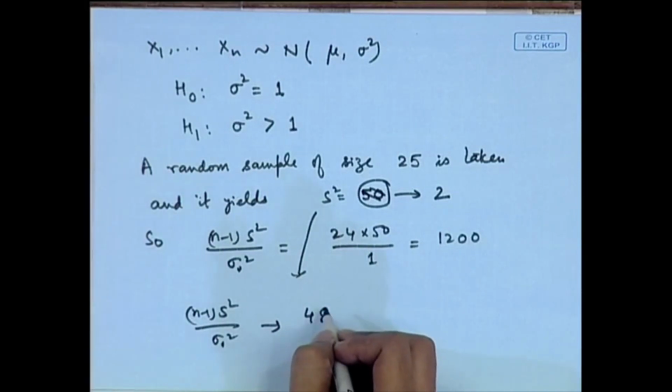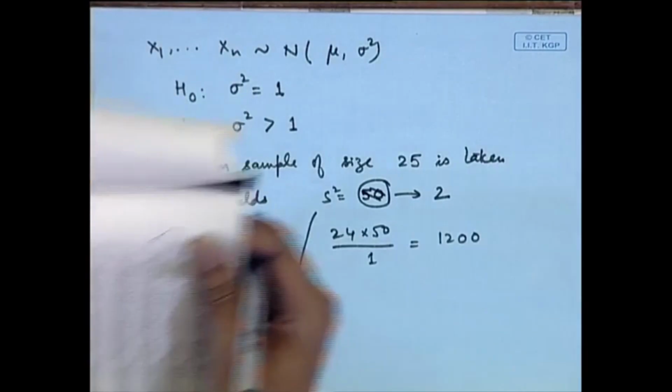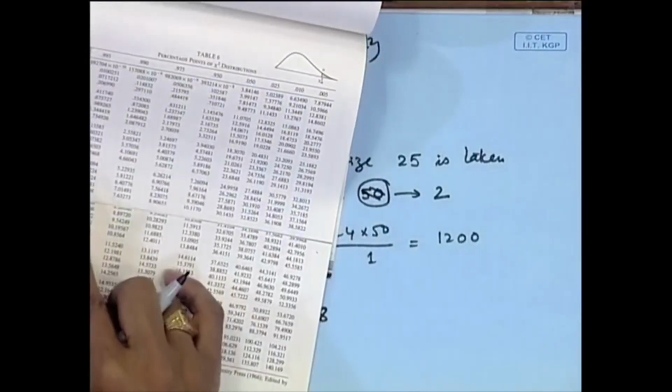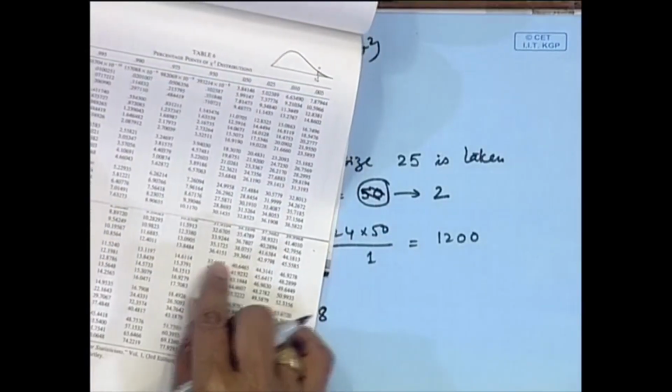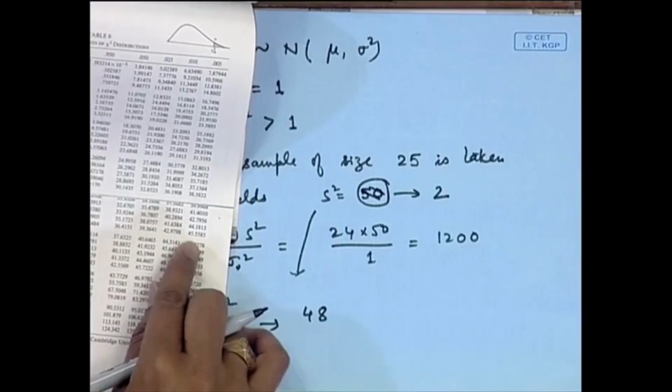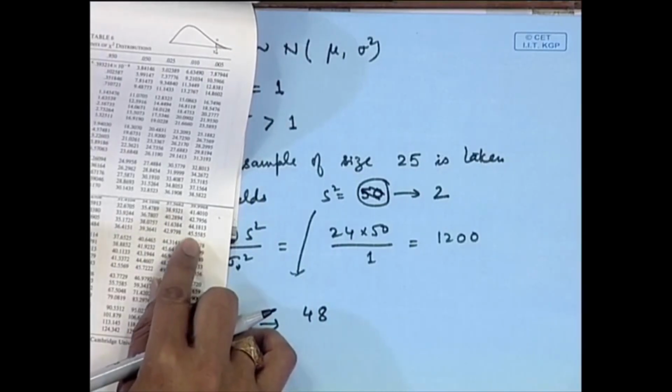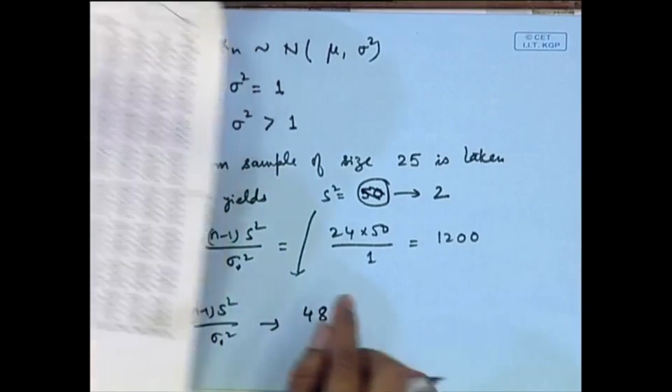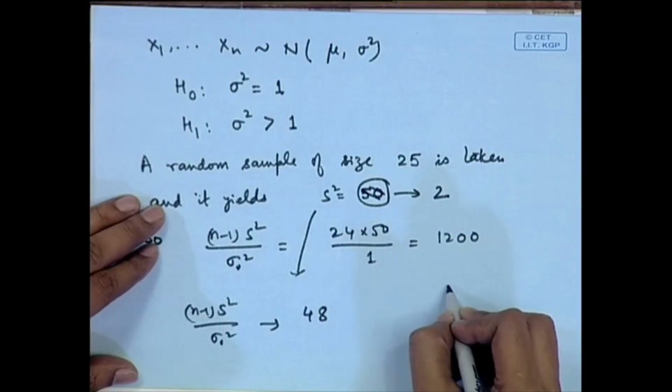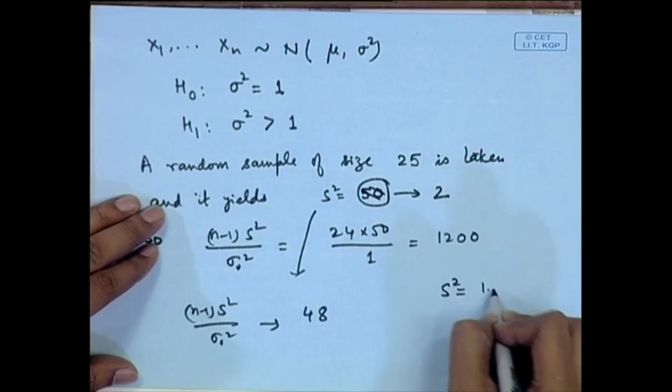Now, if we look at the tables of the chi square distribution, one may easily observe the difference. Looking at 24 degrees of freedom, at a certain level of significance after 0.05 the value will cross this one. In fact, with little luck, suppose I take S square equal to 1.5.